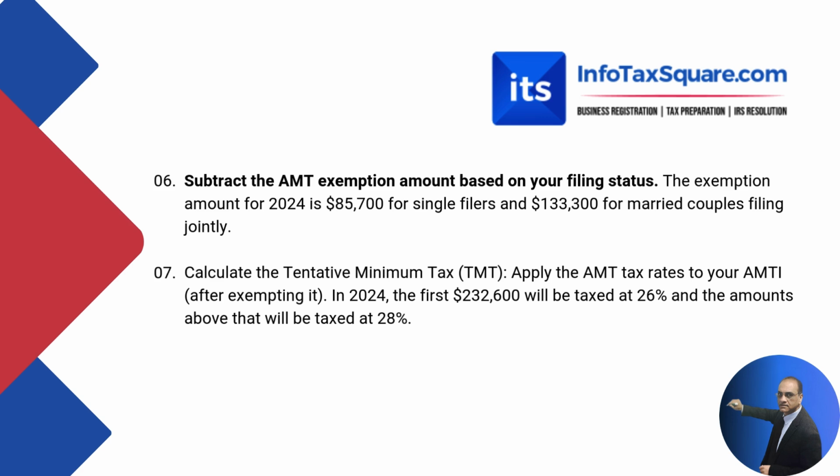Number seven, and the last point, calculate the TMT. Apply the AMT tax rate to your AMTI after computing it or after taking the exemption. In 2024, the first $232,600 will be taxed at 26%, and the amounts above that will be taxed at 28%.